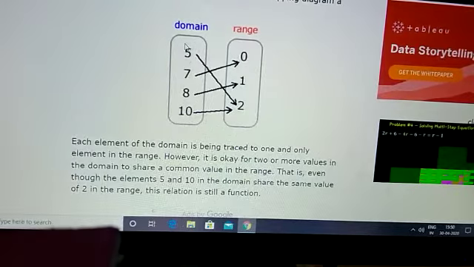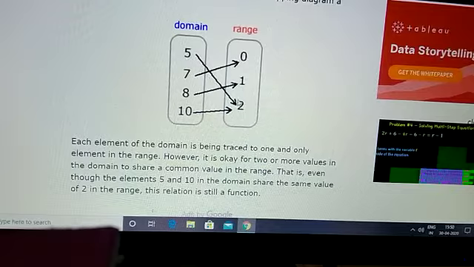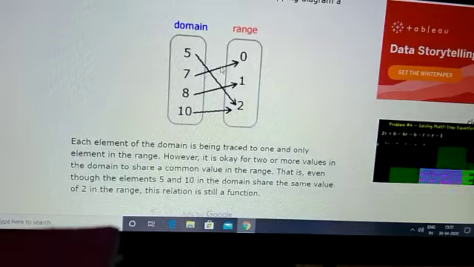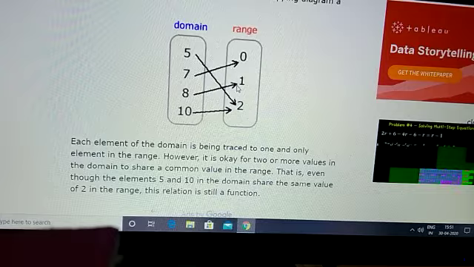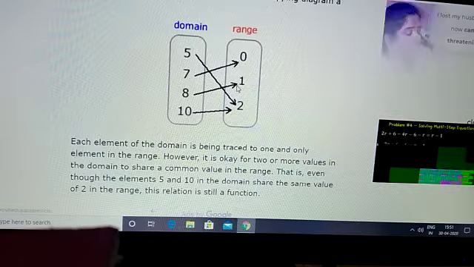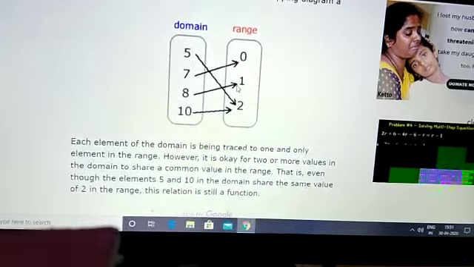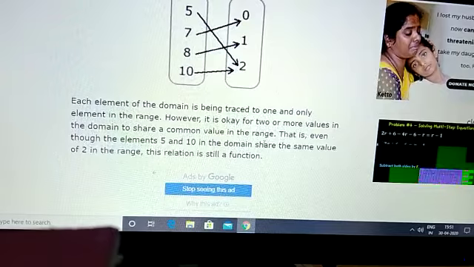Here 5 has only a relation with 2, 10 has only a relation with 2, 7 has 0, and 8 has 1. Here we are talking about the domain, not the range. Each element of the domain, or x, has one unique relation with y. This is why it is a function.